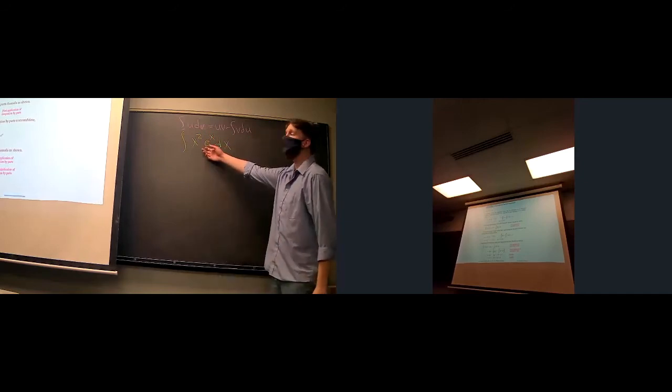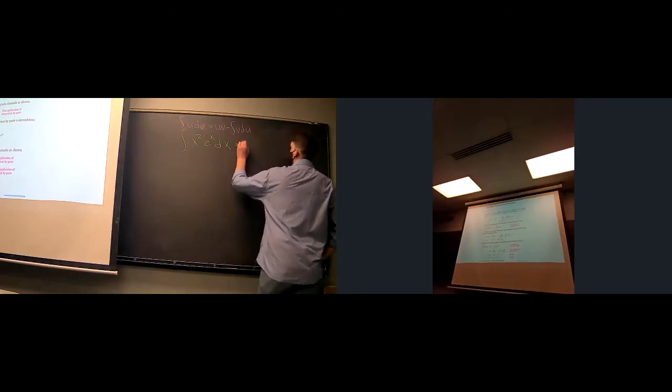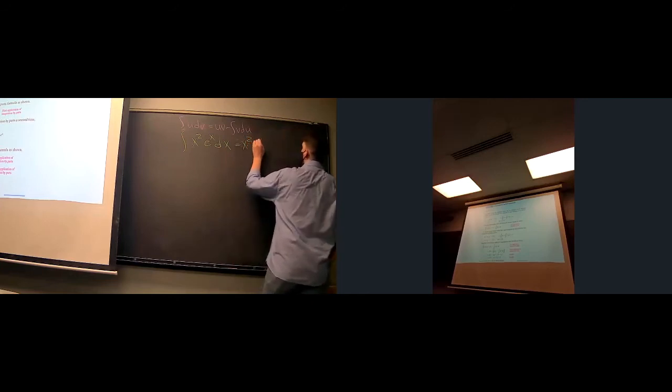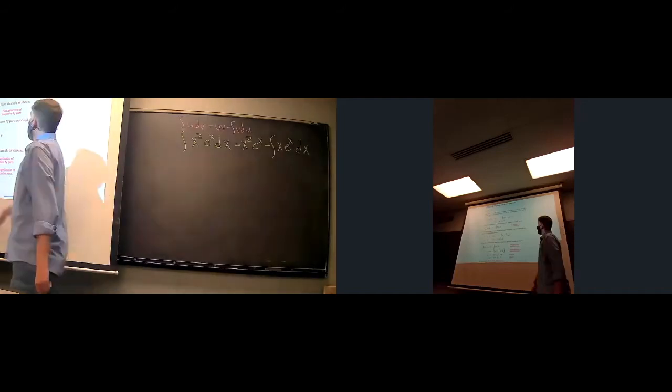You're going to have to apply integration by parts twice, because after the first time, you're going to have x squared e to the x minus the integral of x e to the x dx. In my mistake, it's supposed to be 2x. I forgot the 2 in here. Minus 2. I apologize about that.